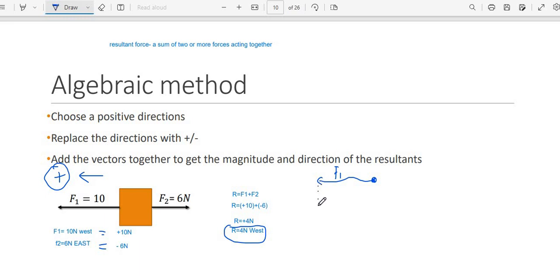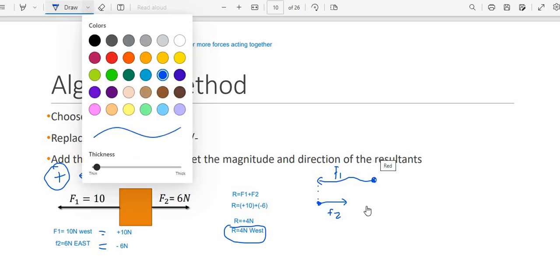And then from the head of F1, I'm going to start with the tail of F2. So that will be tail to head. And from the magnitudes, I can see that F2 should be shorter as compared to F1. Remember how we were drawing the resultant yesterday?